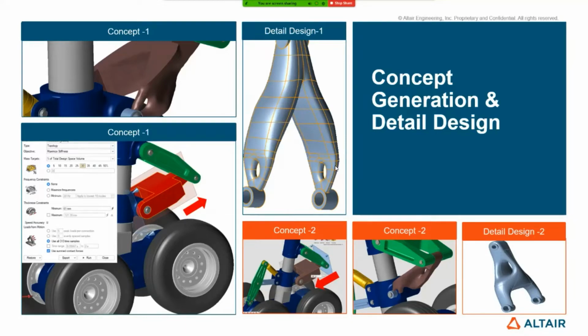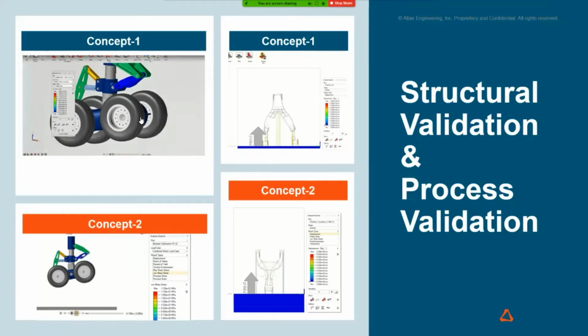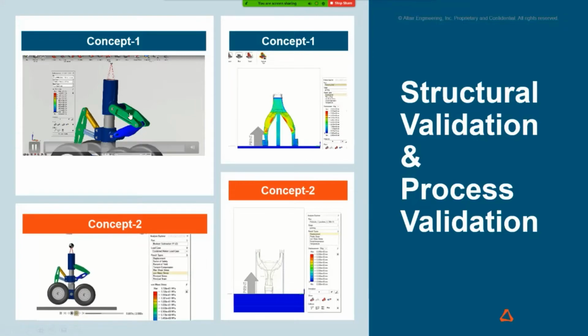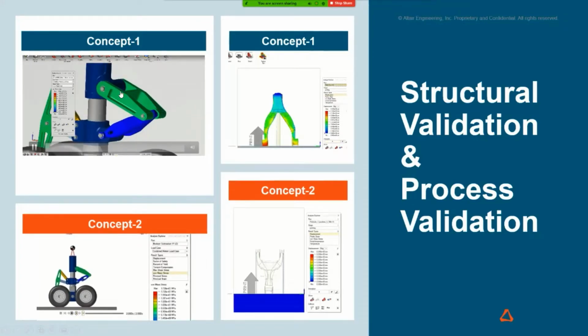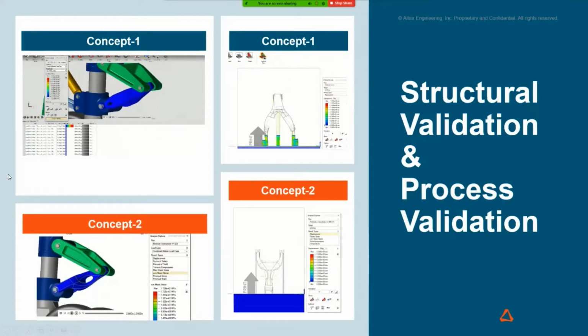Let's understand further what will happen if I take these detailed designs, concept 1 as well as concept 2, and apply the same loading conditions that were used for creating these detailed designs. It is now validating the design itself to make sure these designs pass the requirements. In the top left-hand side, it is doing an FE analysis of the concept you created, and you are understanding how much stress or displacement is coming in those places.